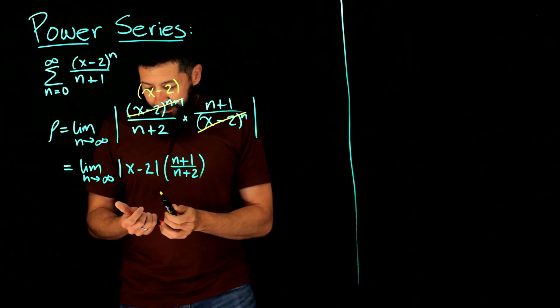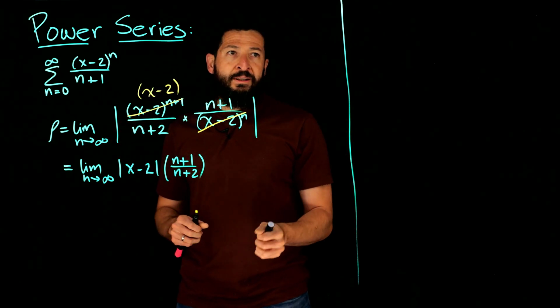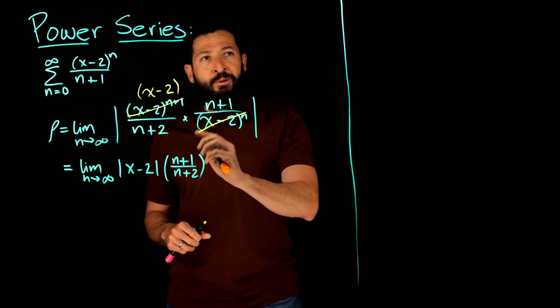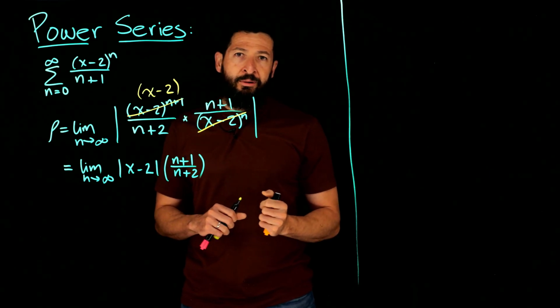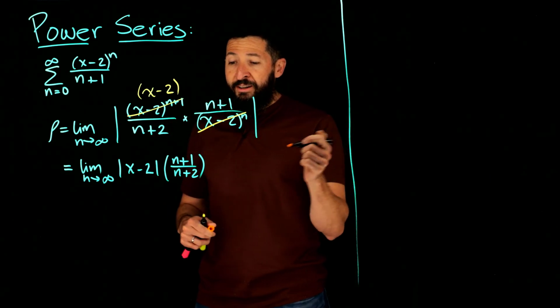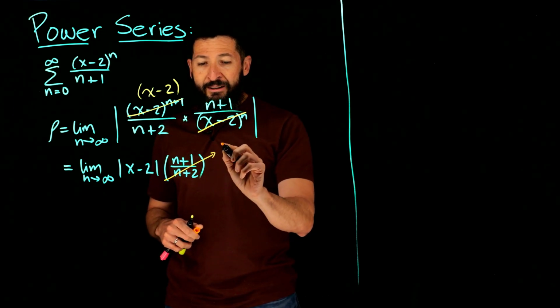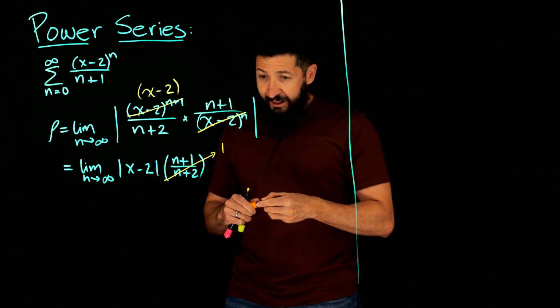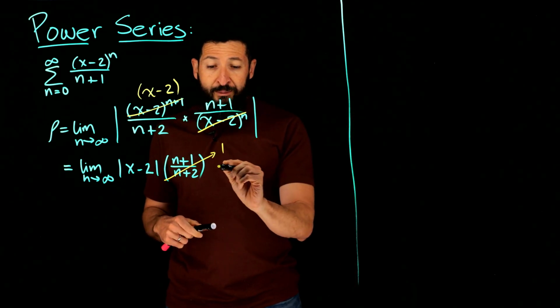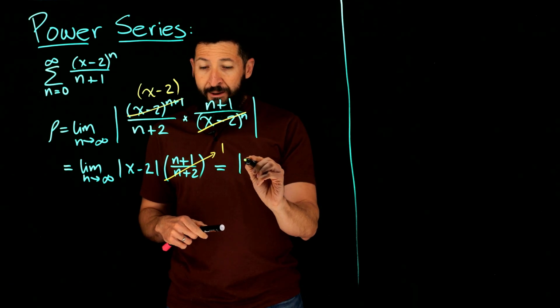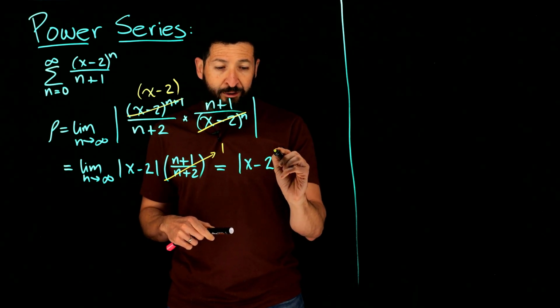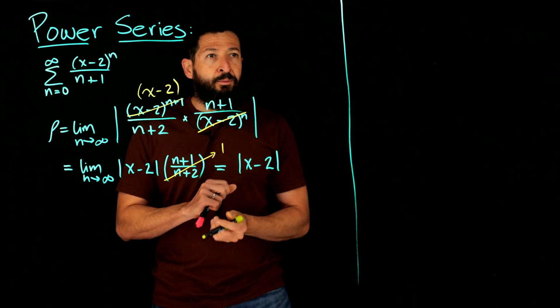And then when you compute your limit as n goes to infinity, this is a rational expression of degree 1 and degree 1, both numerator and denominator. So this whole expression in the limit, it's not that they cancel, watch out, in the limit this goes to 1. So then my absolute value of x minus 2 is the rho.